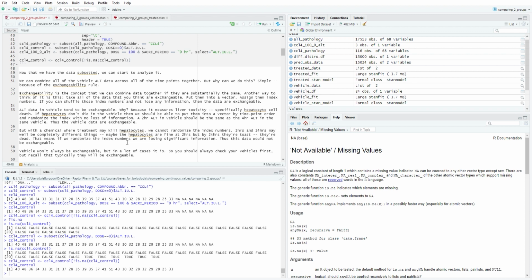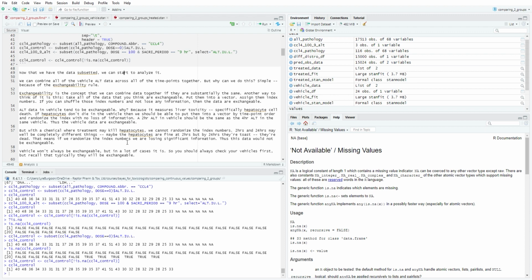I know that if I were to randomize the indexes, I would no longer have these blocks, right? So if I were to randomly assign my data into this vector such that I have no idea where the low and the high doses are, that's not exchangeable, okay? Because there is something different about them, and that difference is the dose that was used to create that data.